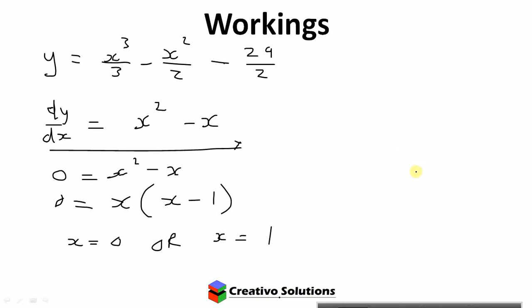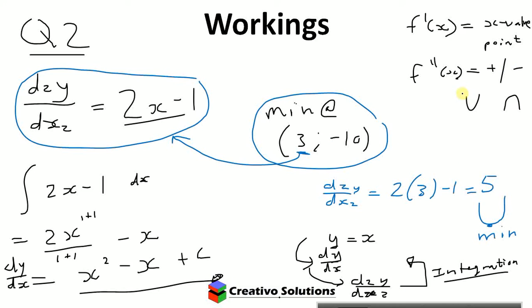Alright, so that's that. So second derivative, d²y over dx² would have been 2x minus 1. That's what we had earlier, hey? Yeah, there. See, 2x minus 1, we had that.